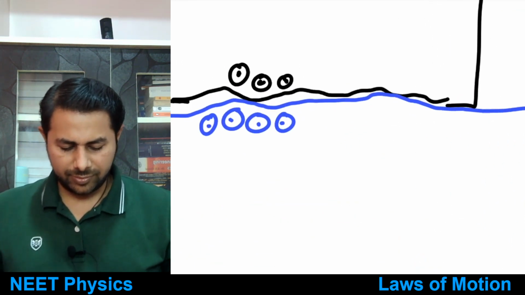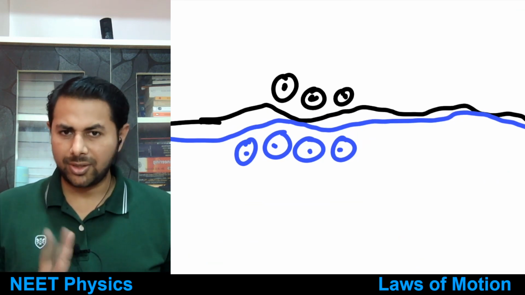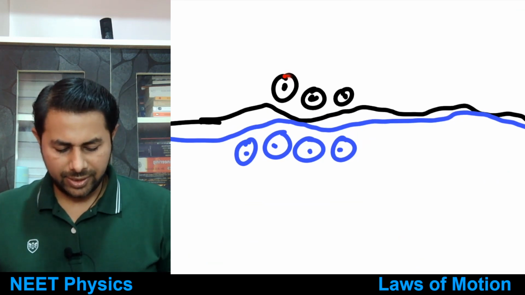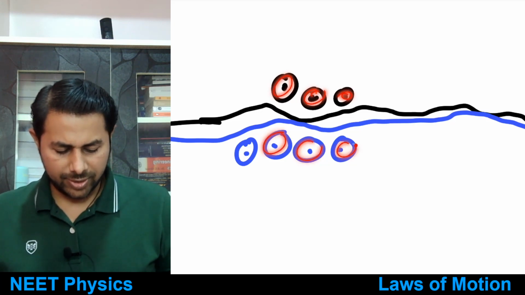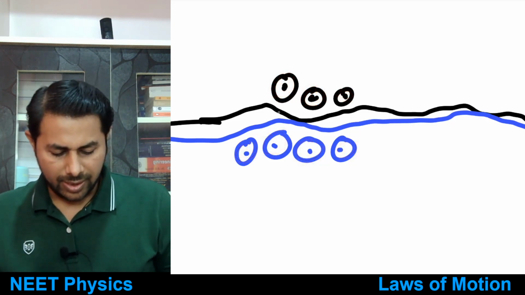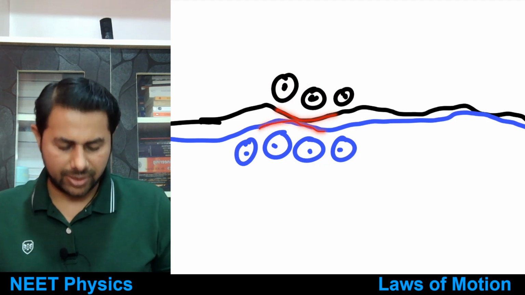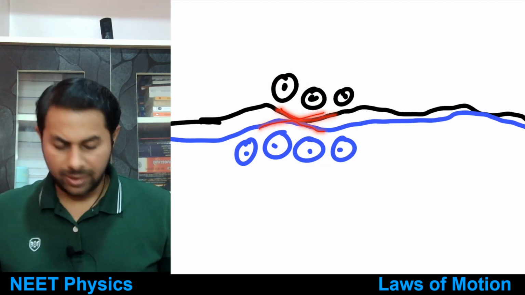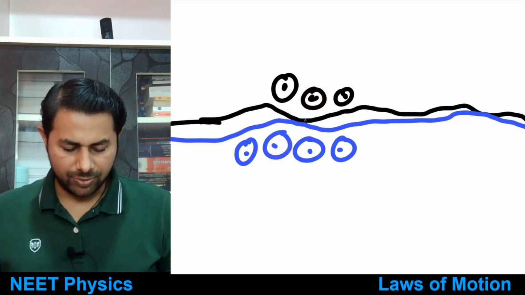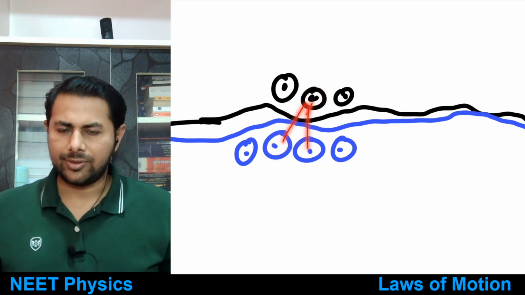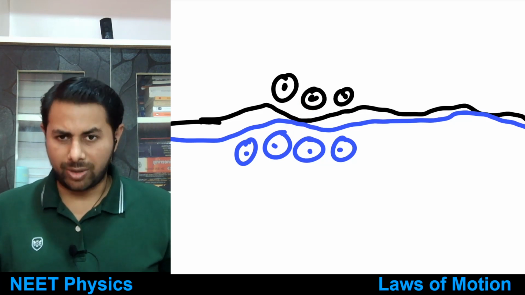So now the interlocking is the first reason, and here see, there are these molecules of this surface, these are molecules of another surface. Where the two surfaces are in contact like this, these molecules experience an attractive force due to these molecules. So temporary bonds are formed.